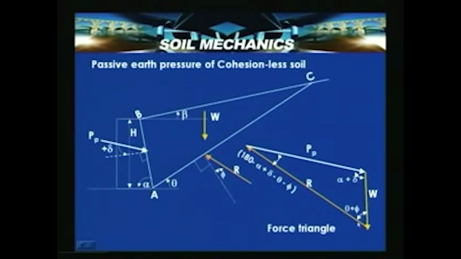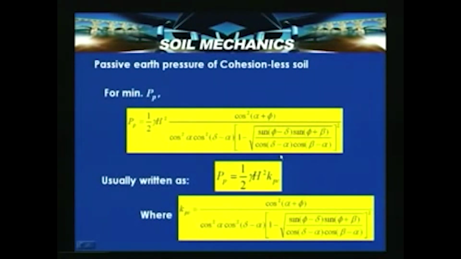Between R and W the angle is theta plus phi. Now, continuing in a similar way, by adopting the same procedure, we can calculate for the minimum PP, the passive earth pressure thrust.